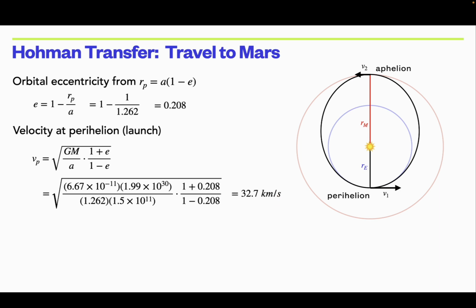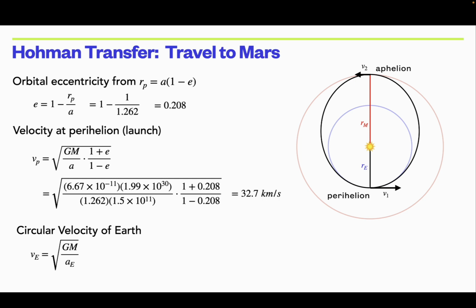So 32.7 kilometers per second is the total launch speed. But a lot of that is actually taken up by the Earth's orbital velocity. So you don't have to launch it at this extra.